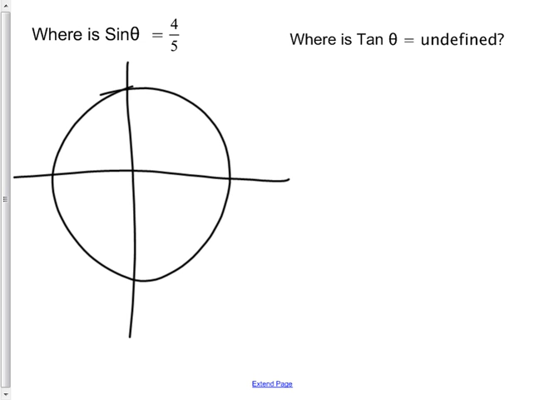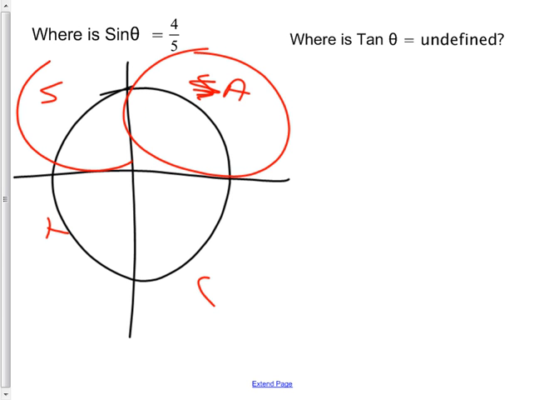All right, here we go. You should have said sine is positive here, here, and here. So it has to be in quadrant 1 or quadrant 2. Do you get that? Okay, good. Then which one is it? Well, it could be either one. It could be both. So a lot of times you have two answers.